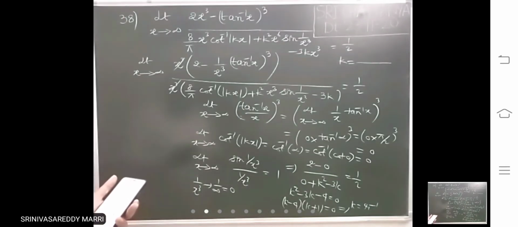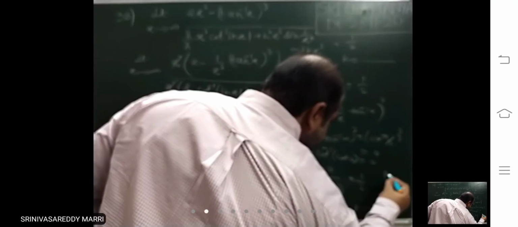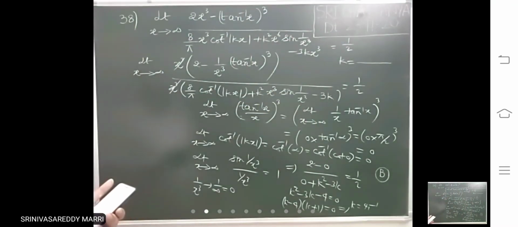So B is correct. Key is given wrong. Only B. K equal to 4 comma minus 1 is correct.